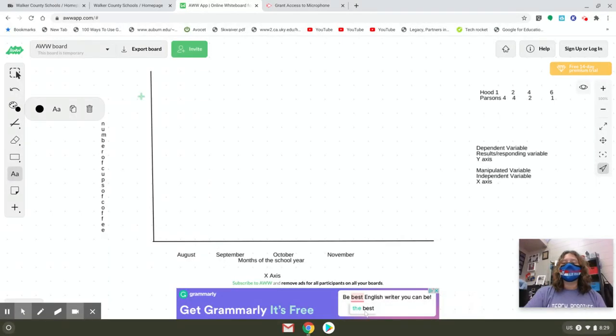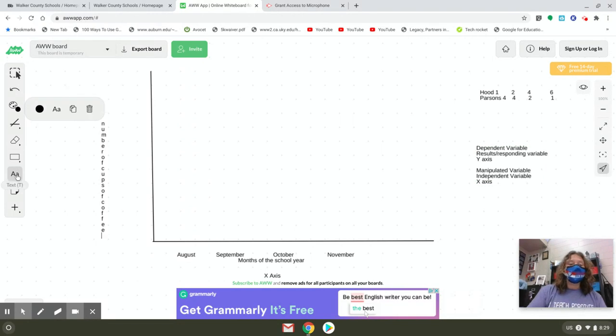So that goes on our y-axis because according to DRY MIX, the dependent variable, which is the results of your experiment or the responding variable, goes on the y-axis.